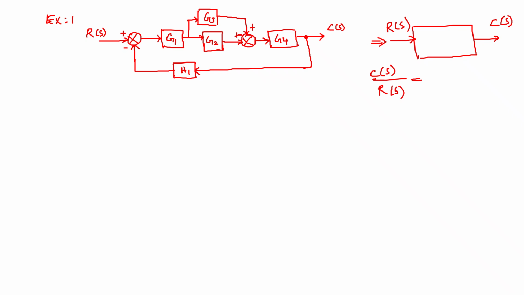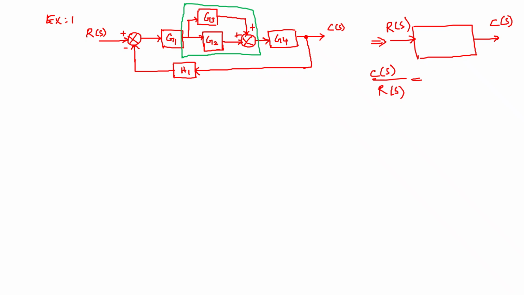In the given example, there is a parallel block situated here, which can be eliminated with an equivalent single block. From the rule, if I have a parallel block, I can convert that into a single block based on the sign available in the summing point.